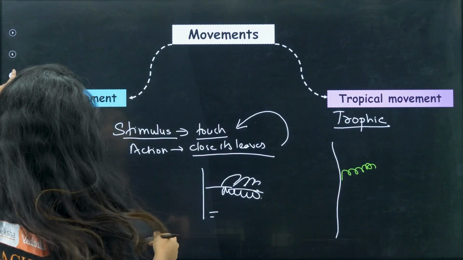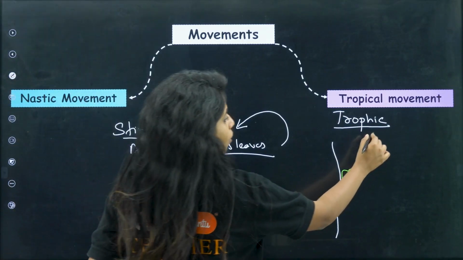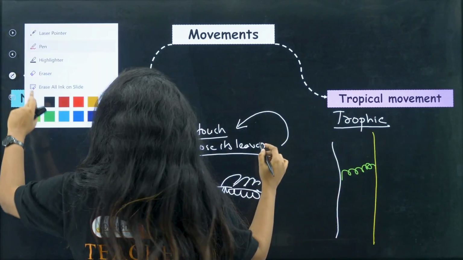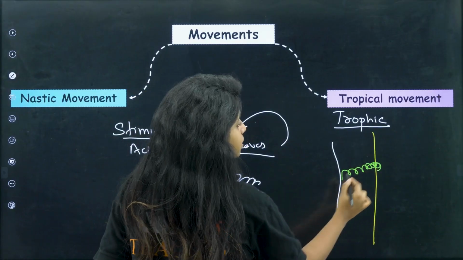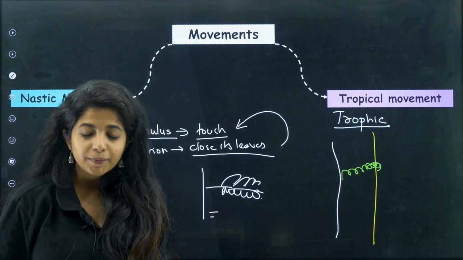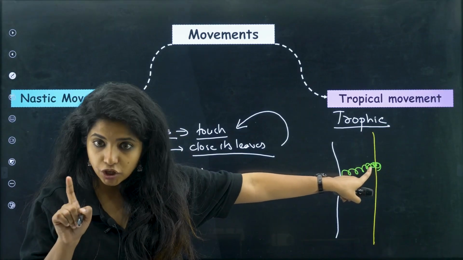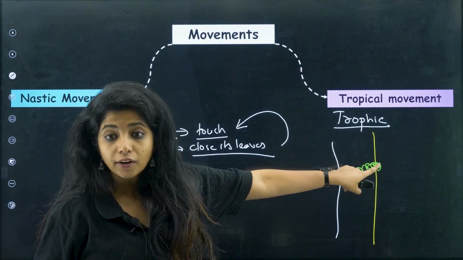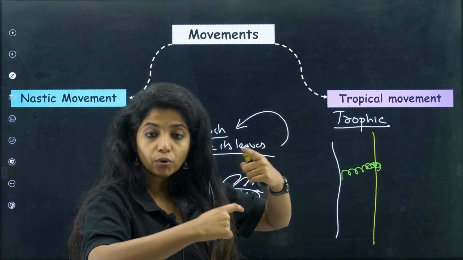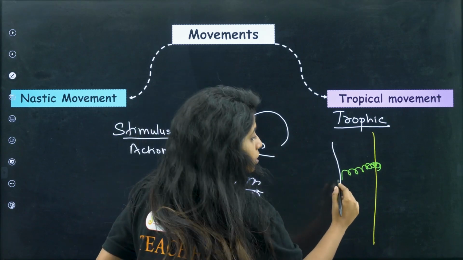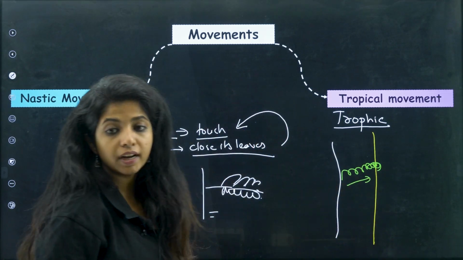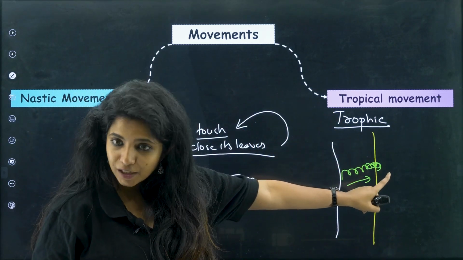Tendrils, if you have seen, basically go and catch hold of the thing that is near and try to grow on it, right? So over here again, touch is a stimulus, and the movement that you see, they will grow and move towards it. In what direction, children? It is in the direction of the stimulus.